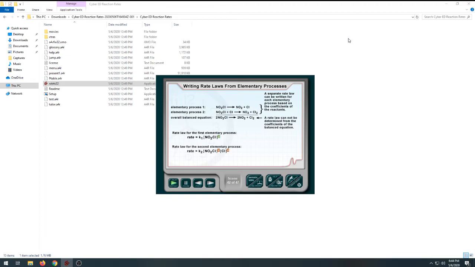In these equations, k1 and k2 are the rate constants for each elementary process. Again, remember that you can only derive rate laws for elementary processes, not the balanced equation.